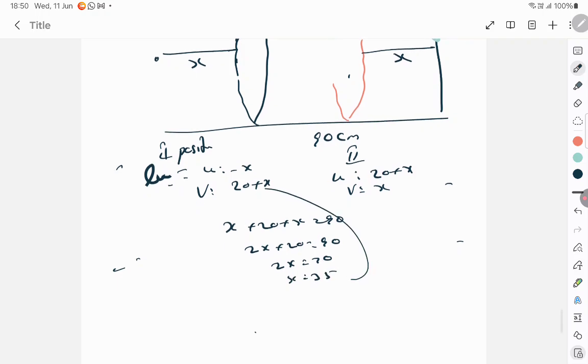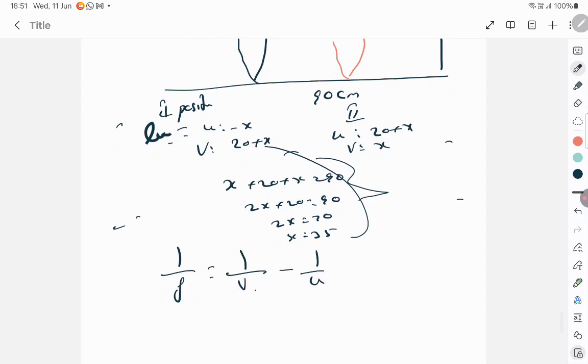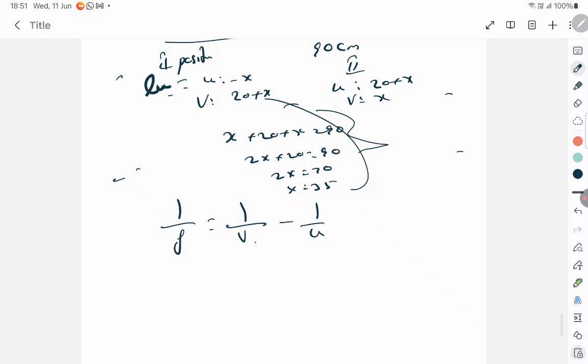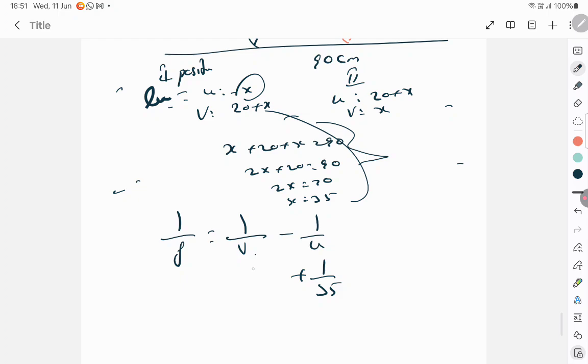Substituting back in one of the lens formulas. So let's take the first position of the lens. You want to find the focal length of the lens. 1 by f is equal to 1 by v minus 1 by u. For the first position, u itself is minus x, so minus 35. So it will become 1 by 35.